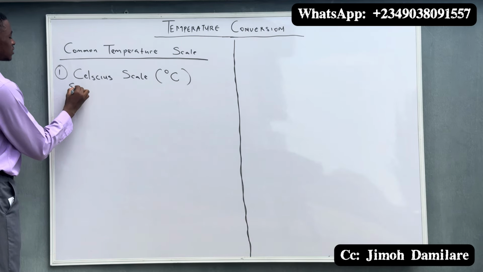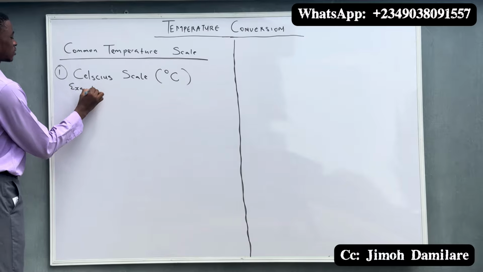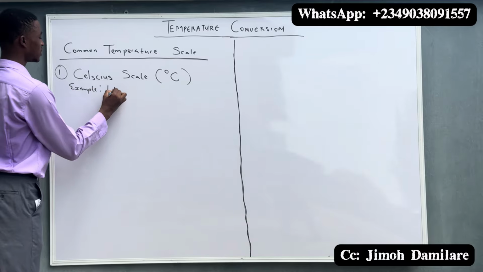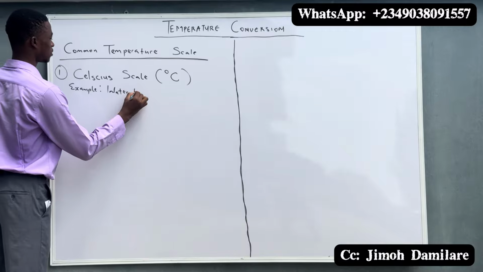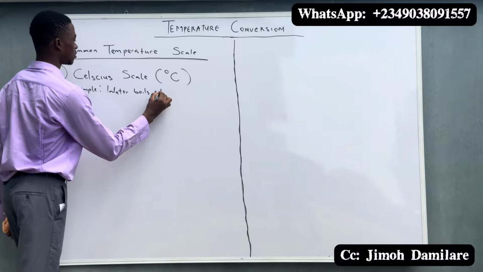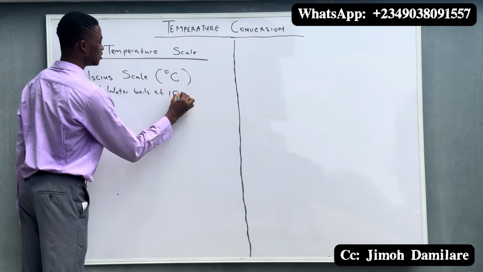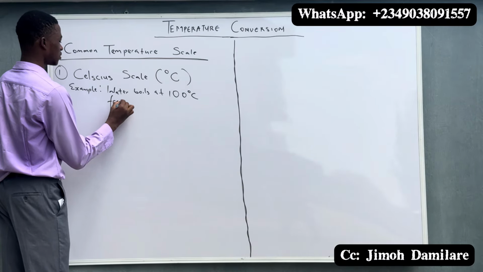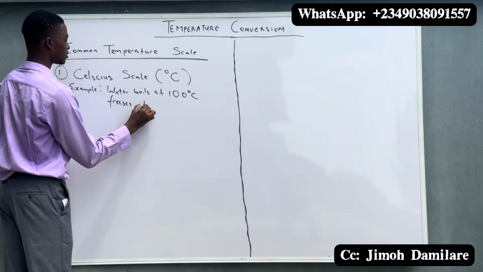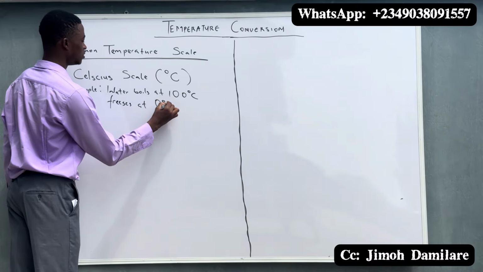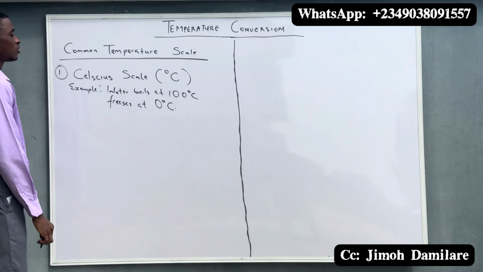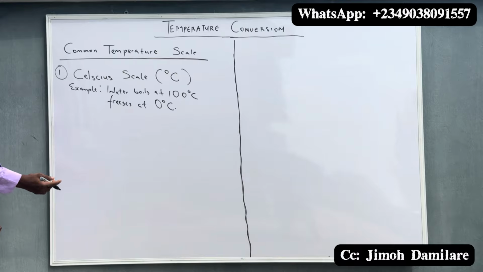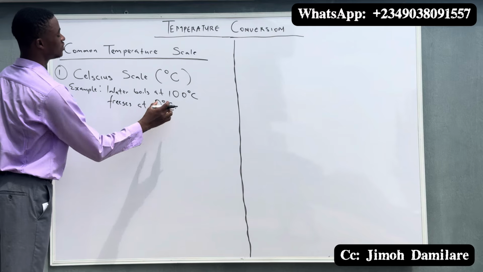For example, we can say water boils at 100 degrees Celsius and freezes at 0 degrees Celsius. So this is what the Celsius scale can help us to measure.